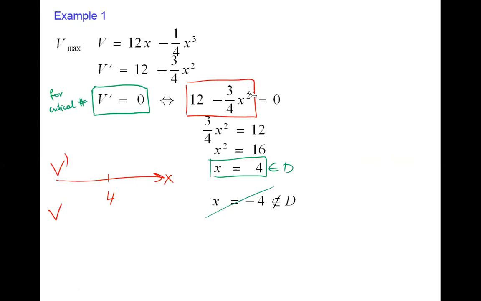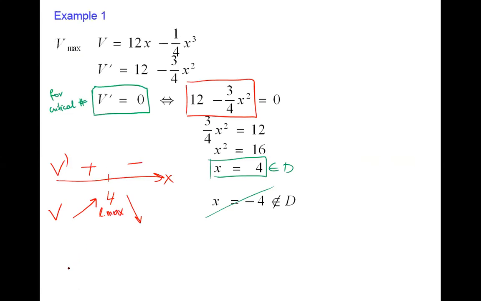That means this part will definitely be bigger than 12, and having the negative, it will be negative. And if I substitute 0, this is gone, and 12 stays positive. That means my volume function behaves like that, increasing, then decreasing. It's a local maximum.